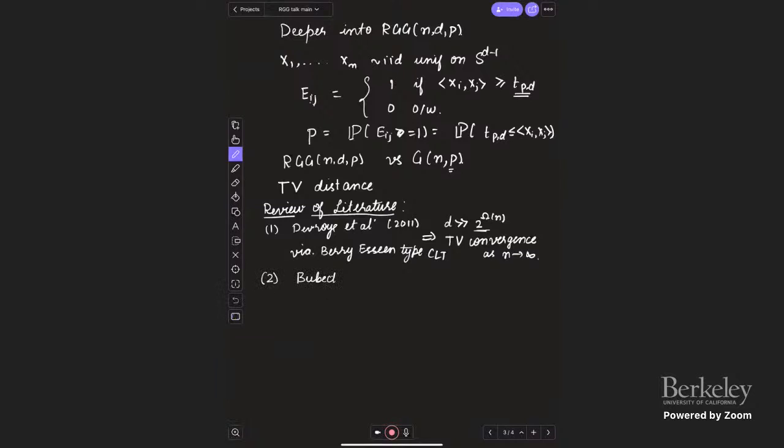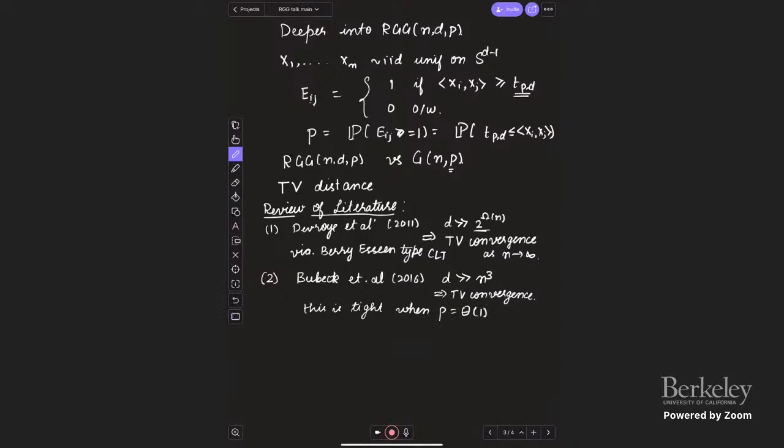This was improved upon by Bubeck and others in their 2016 paper, which showed that when d is much larger than n cubed, this implies TV convergence. They also showed that this is tight when p is a fixed constant independent of n.